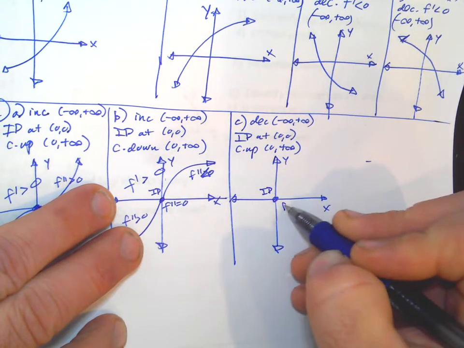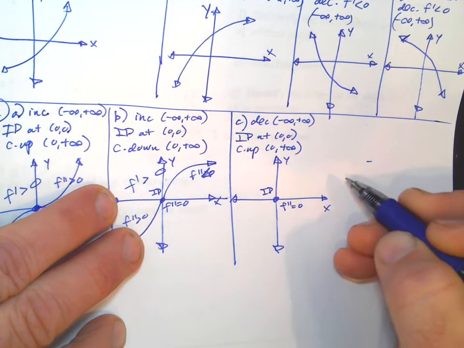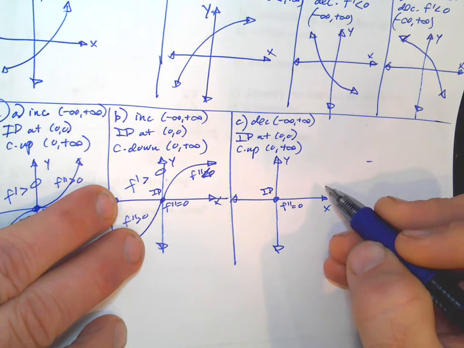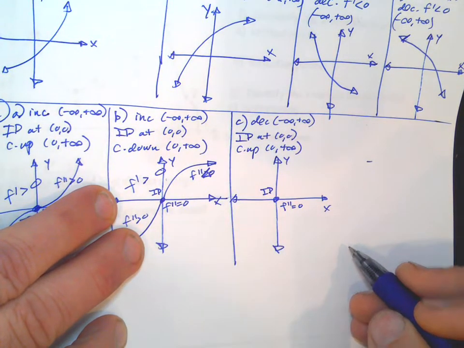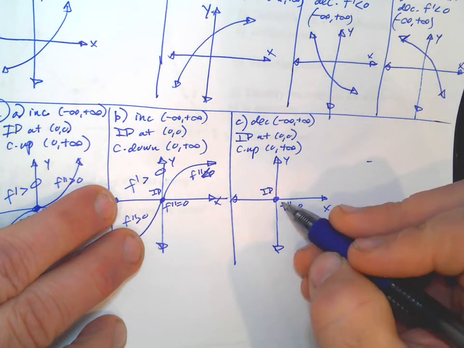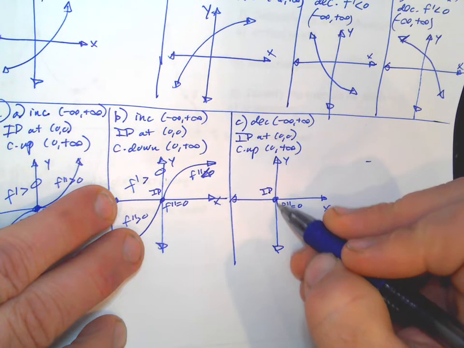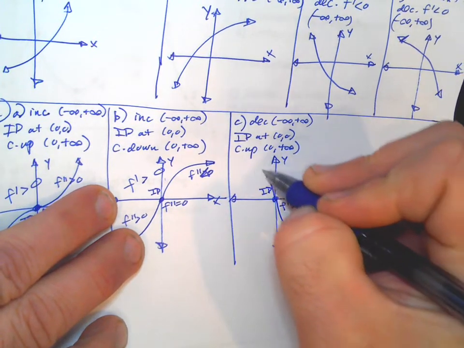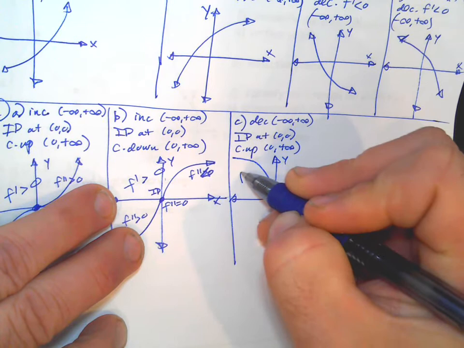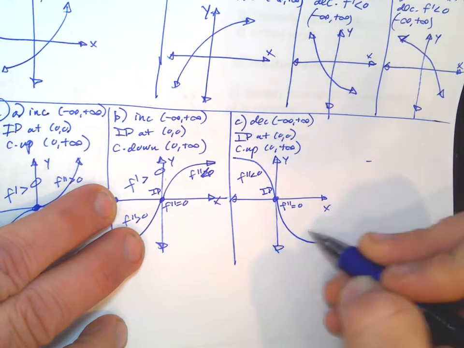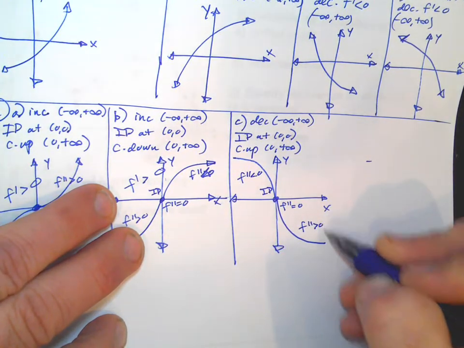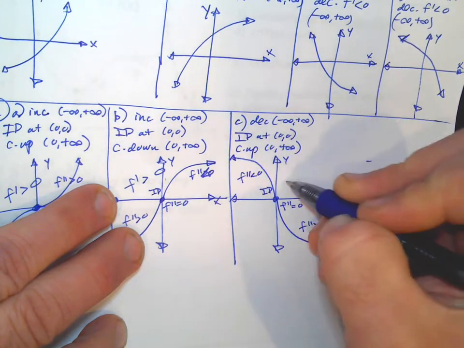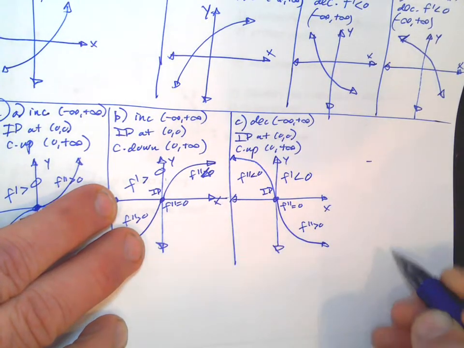I'd probably say f double prime is 0 there. Now the graph is decreasing. It's going to be going down left to right, but it's concave up from 0 to positive infinity. So it's decreasing, it's concave up, so it's going to look like that. And then it's got to be concave down before, if you had an inflection point. Concavity has to change. And f prime is negative the whole way.